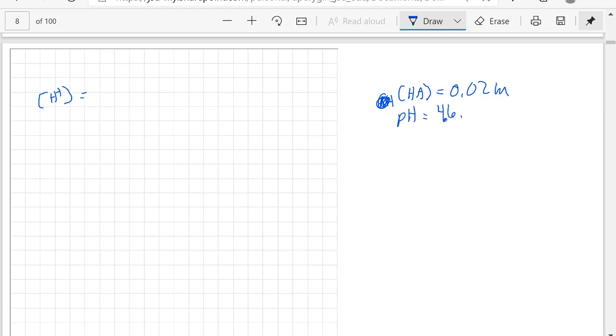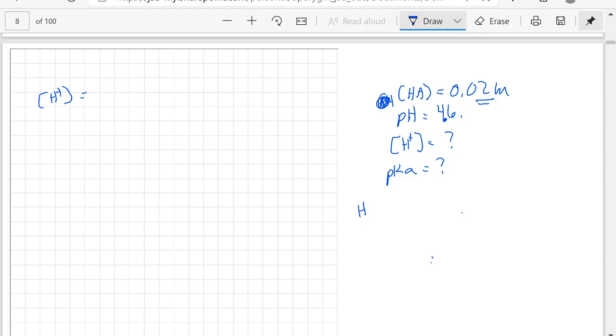Okay, so what are we asked to calculate? We're asked to calculate the H plus concentration and the pKa. And you might say, like I said, that the H plus, well, it must be 0.02 molar. No, remember, this is a weak acid equilibrium problem.